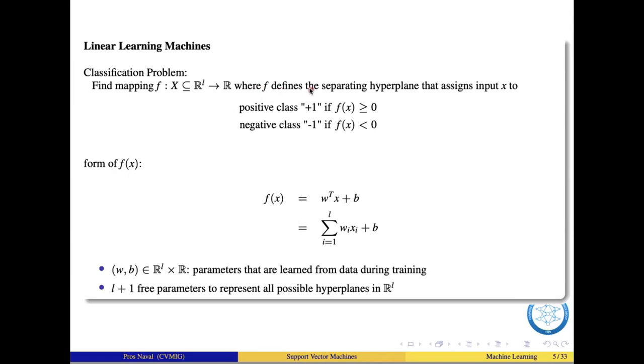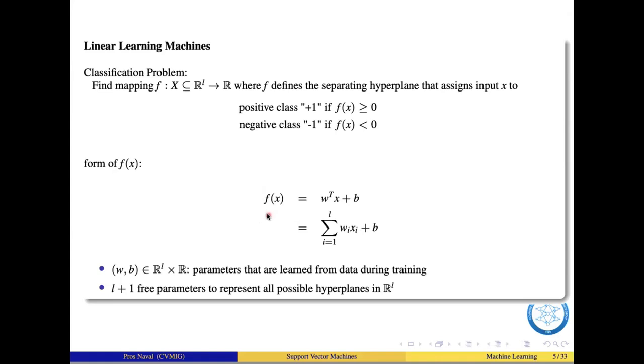Now F defines the separating hyperplane that assigns the input X to a positive class, plus 1, if f of X is greater than or equal to 0, and a negative class, minus 1, if f of X is less than 0. So this is not a 0, 1 thing. This is a plus 1, minus 1 classification problem.